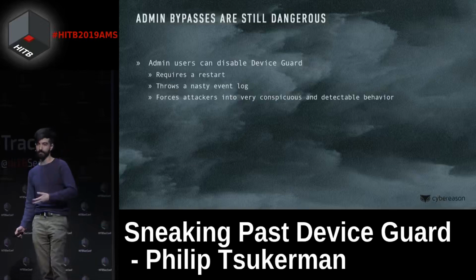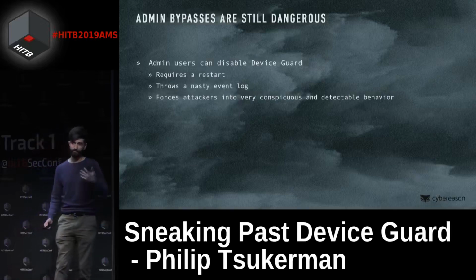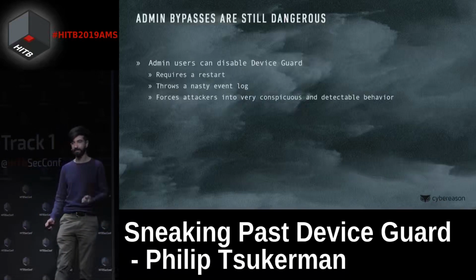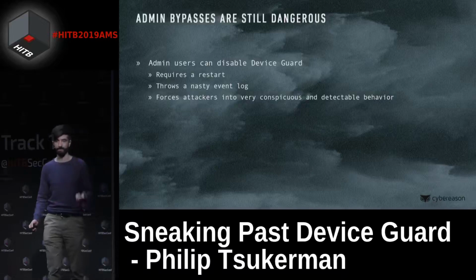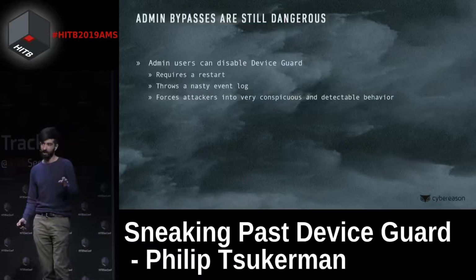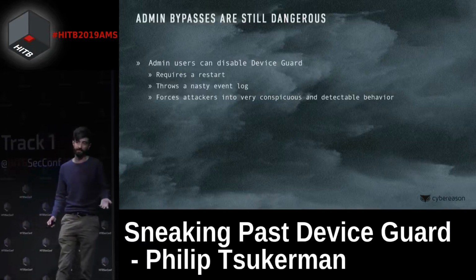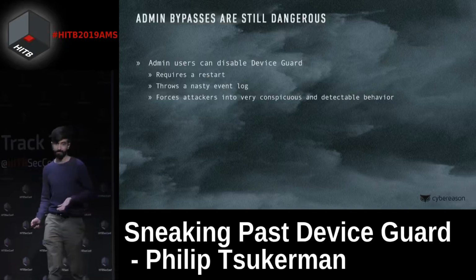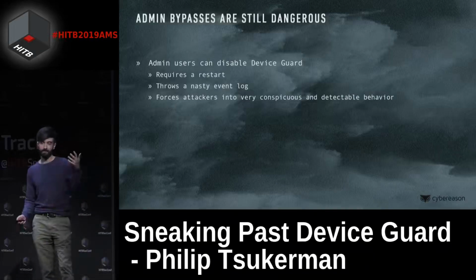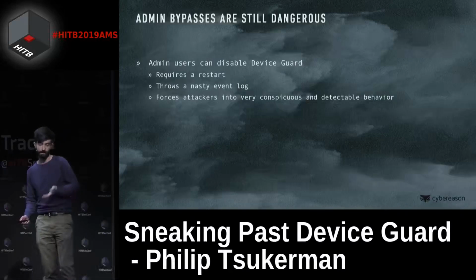And it also throws a pretty nasty event log. And if you're already implementing application whitelisting and device guard on your network, you should probably look for machines suddenly disabling this feature, because this is extremely suspicious. So it might be nice that you could still execute, but you will be very quickly detected, or at least so I hope.